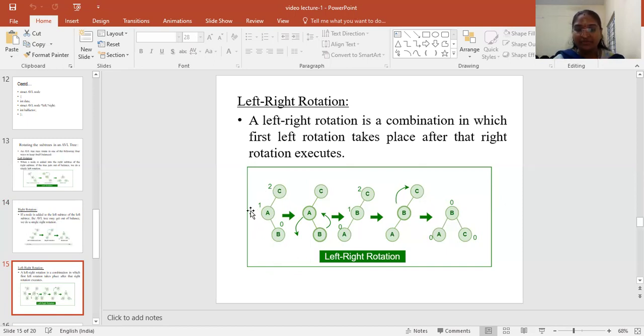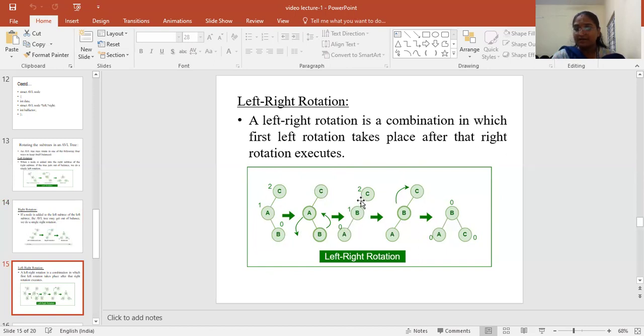Here we need to balance that particular AVL tree. So how will we balance this tree? First, the left rotation. Left rotation means A will be rotated in an anti-clockwise direction. Clear? Got it? Now B will act as a parent to A. Next, for the right rotation, it is still not balanced.